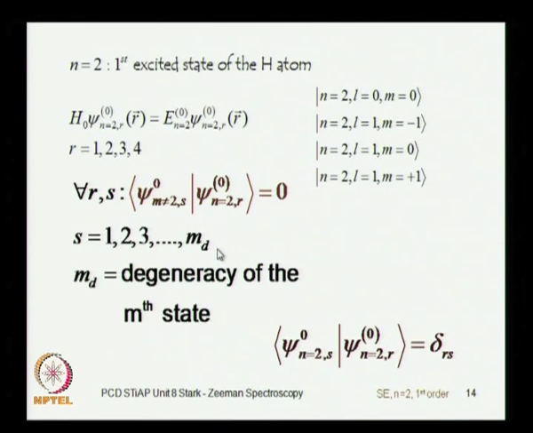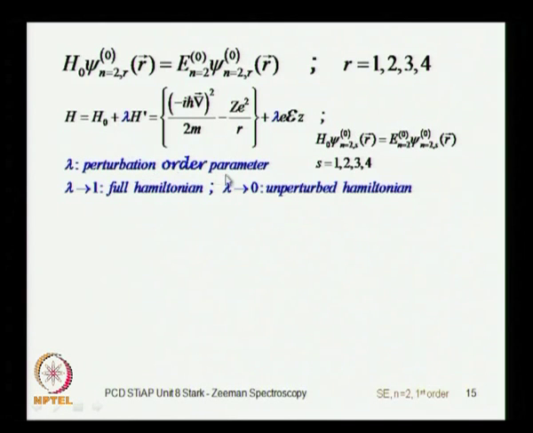Okay. So, we need to use what is called degenerate state perturbation theory in this case, and we will consider first order corrections to the n equal to 2 state, which is the first excited state of the hydrogen atom.